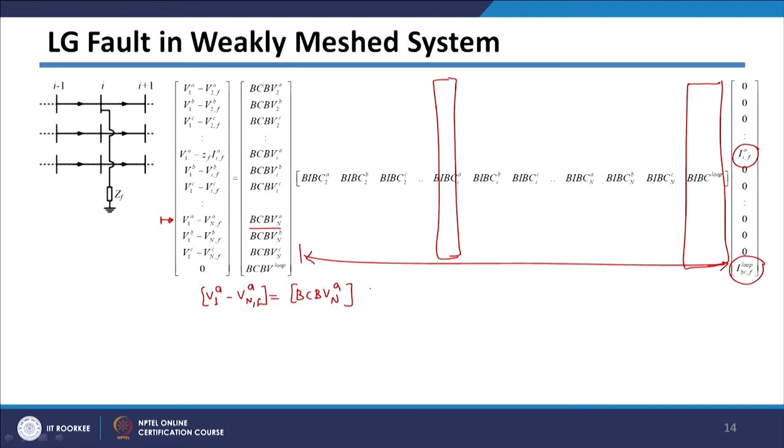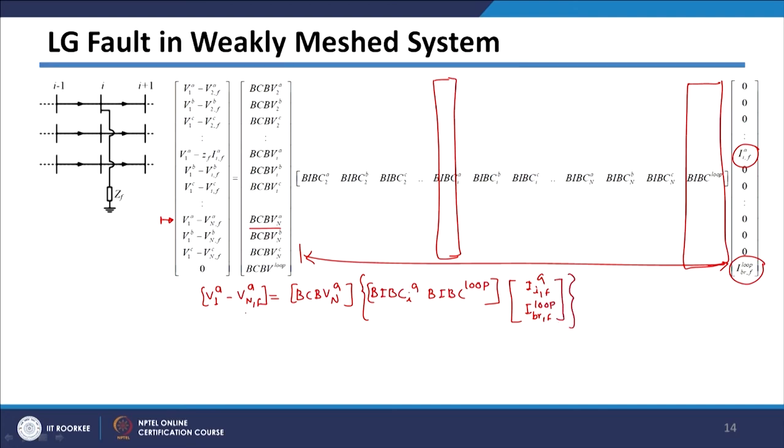So this can be written as BIBC A phase and BIBC corresponding to loop forming branches, multiplied by fault current in A phase, fault current in loop forming branches.